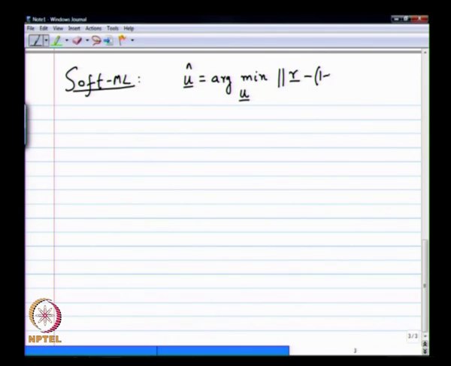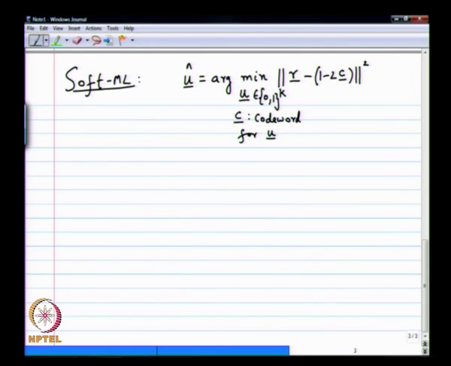I am going to write it as 1 minus 2v, squared. Here u belongs to 0,1 to the power k, and v will be c. I am sorry, I have been using c. So what should we think of as c? C is the code word corresponding to u. So it is the code word for u. Okay, so that is the notation.